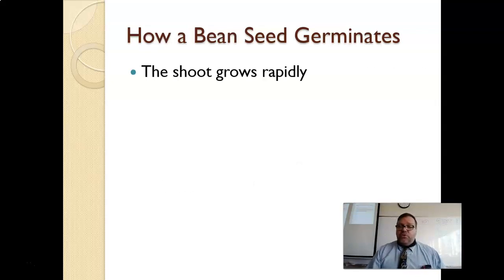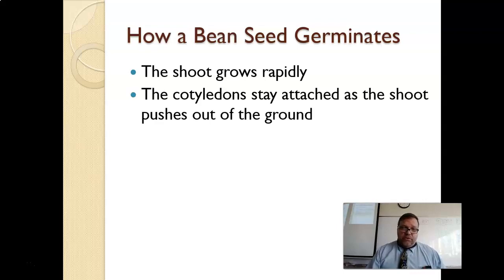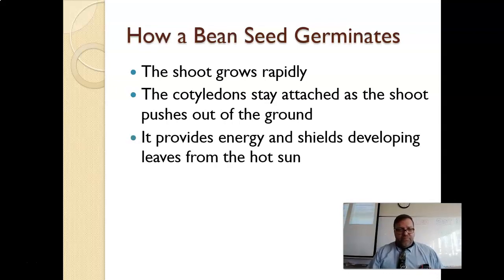The shoot also grows rapidly, the part that goes upward. The cotyledon stays attached as the shoot pushes out of the ground. Remember the cotyledon, the stored energy. It provides energy and shields developing leaves from the hot sun. Remember, these are really young, immature leaves, and so if the sun is too hot on a hot day, they can actually get scorched before they're able to get lots of water and nutrients from their roots.